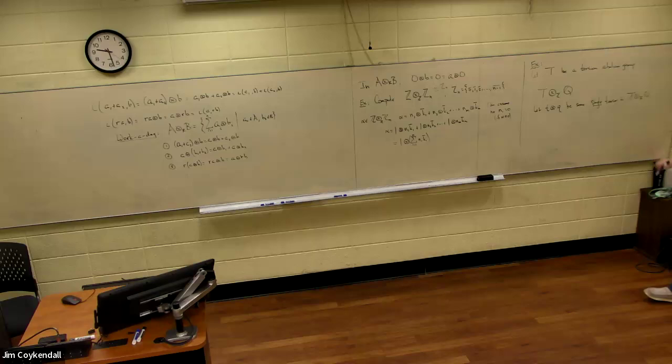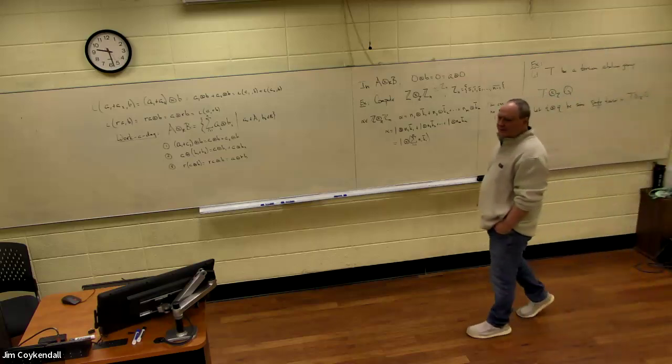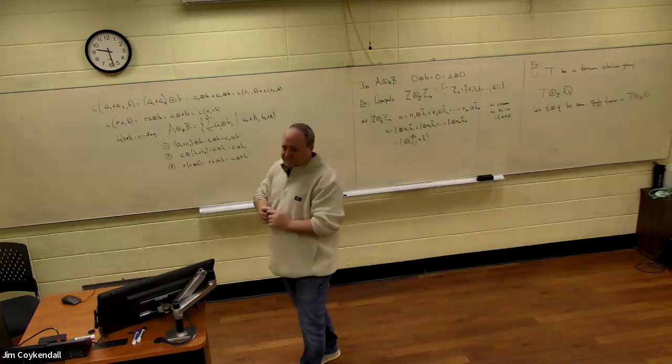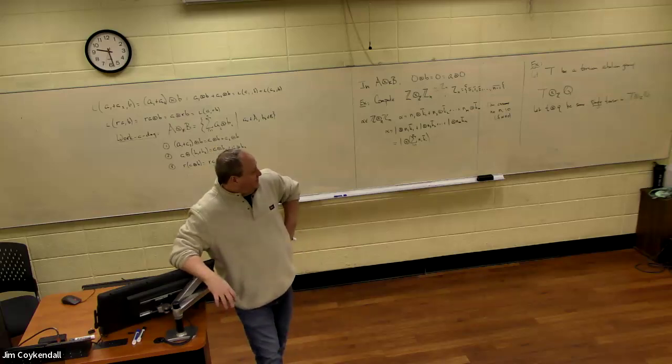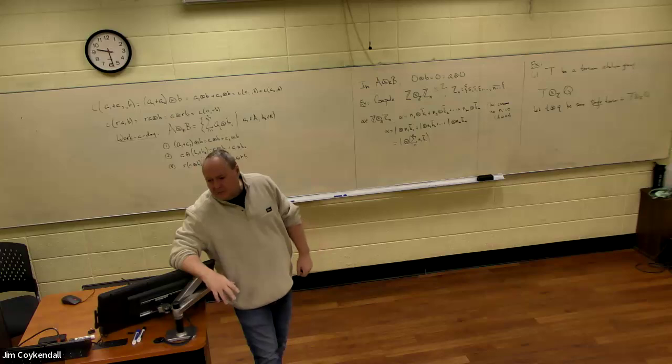I claim that tensor is C. Let's see how to do it. What do I know about T, the T part of that? Well, I know it's got finite order.